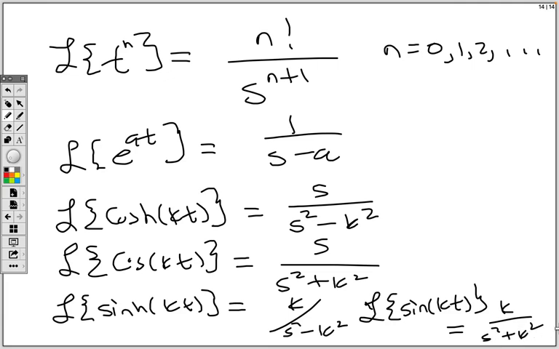Okay. So these are the basic building blocks that we have to work with.